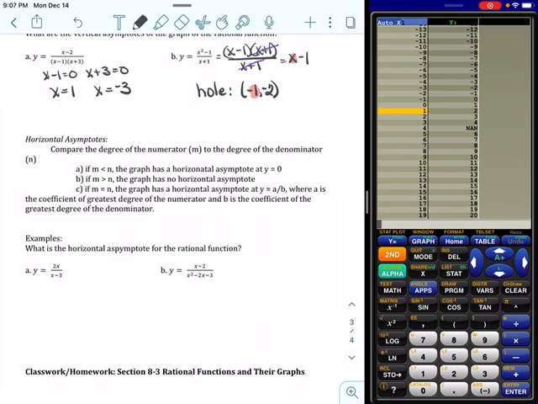If the degree of the numerator is m and the denominator is n: if the top is smaller than the bottom, then you have a horizontal asymptote at y equals 0. If the top is bigger than the bottom, we don't have any horizontal asymptotes. And if they're the same, we're going to use the coefficients to see where the horizontal asymptote is.